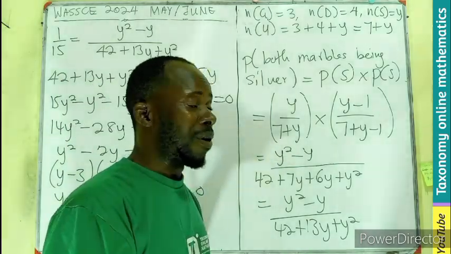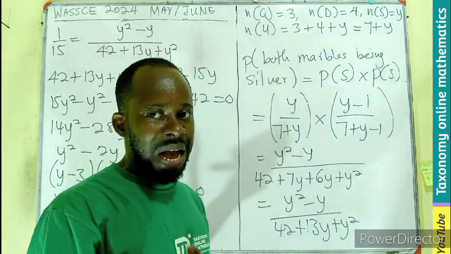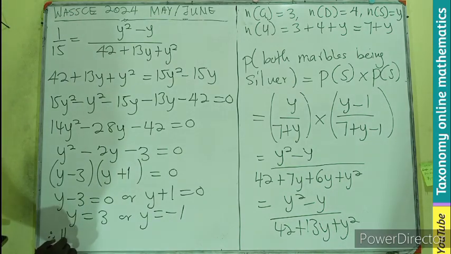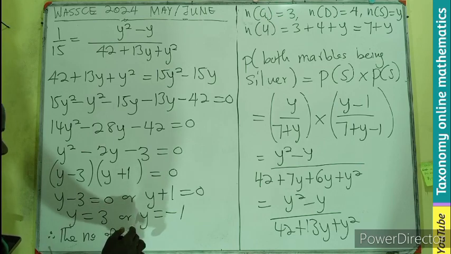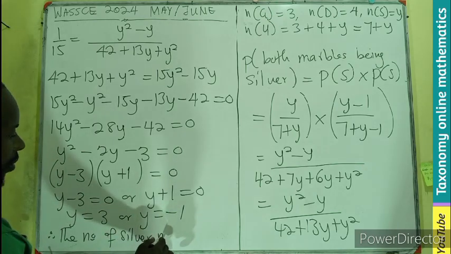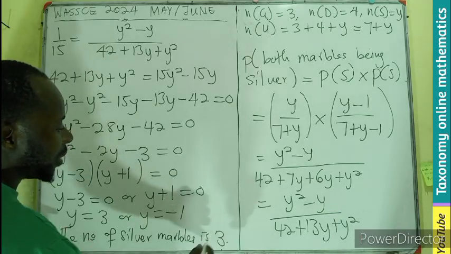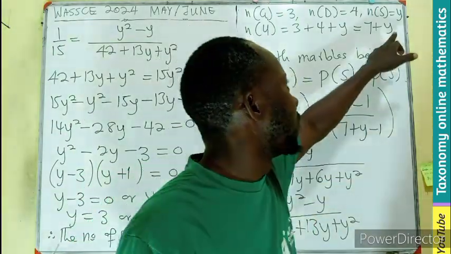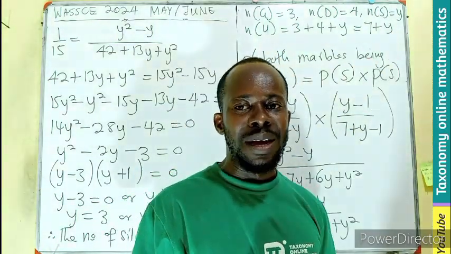Here we are looking for the number of silver marbles in the basket, which cannot be negative. Therefore, the number of silver marbles is 3. Added to the 7, this makes 10, so there are 10 marbles in the basket.